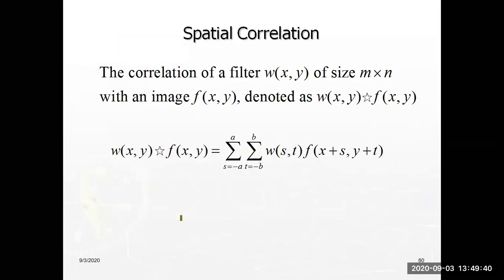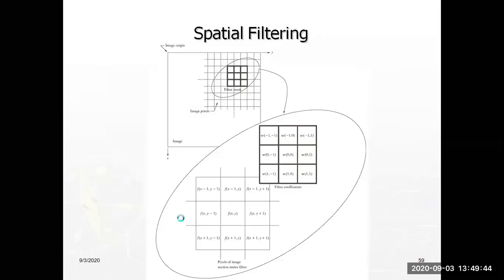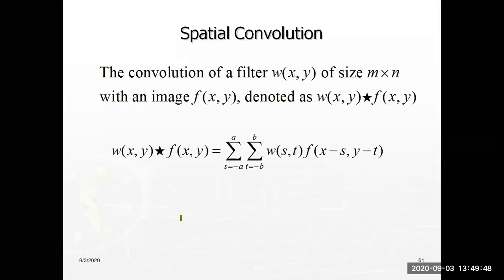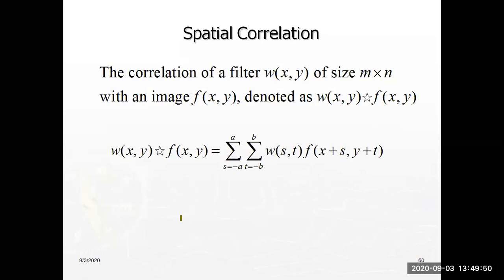In spatial filtering, there are two main operations: correlation and convolution. For a two-dimensional image, correlation can be mathematically expressed as w(x,y) star f(x,y) equals the sum over s equals minus a to a and t equals minus b to b of w(s,t) f(x plus s, y plus t).